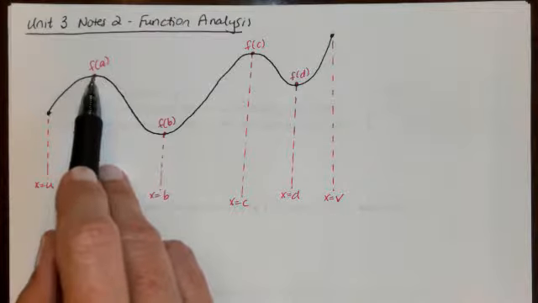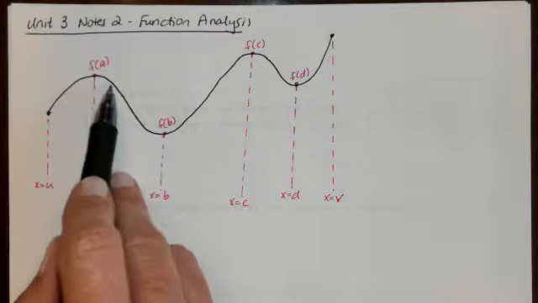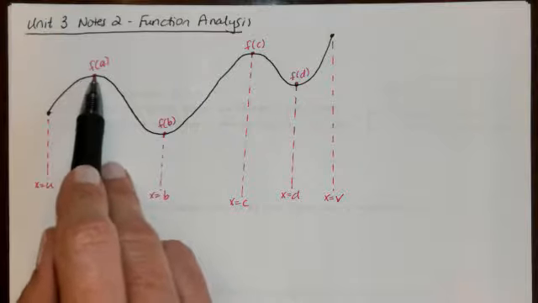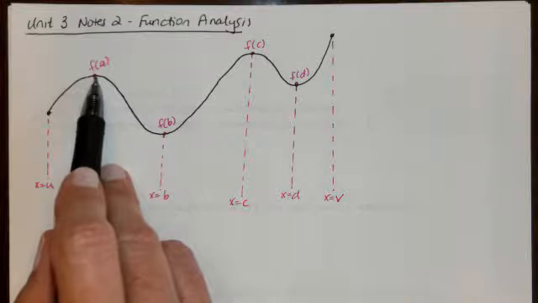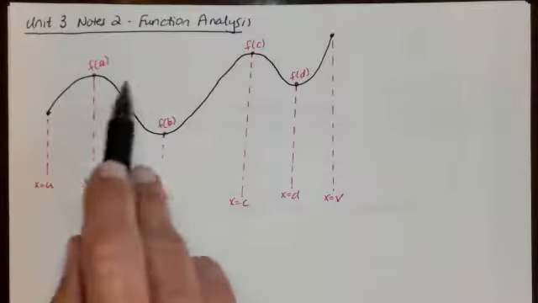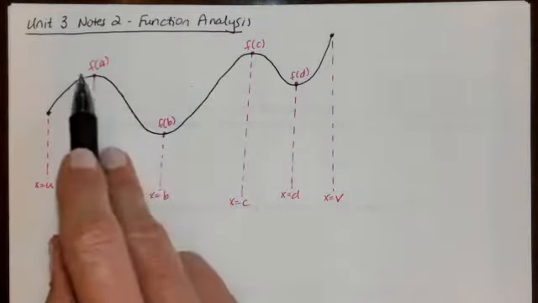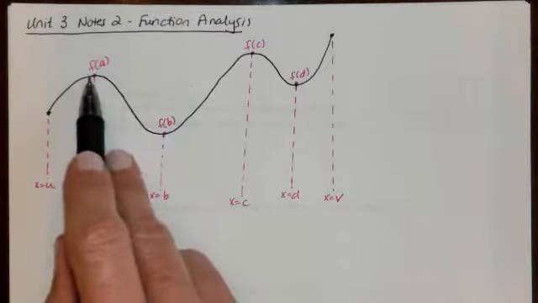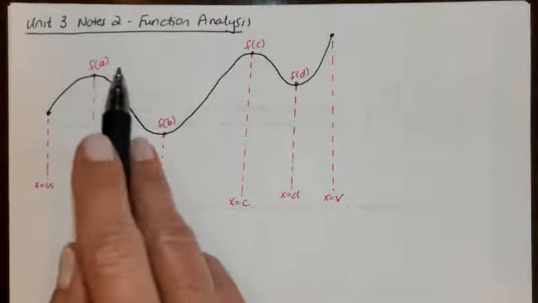So if there is some interval around this point where this y value is the largest, then it is a relative maximum. It's not the maximum of this entire function, is it? Because we have some other values that are higher than it, but there's some interval where it's the highest. So this is a relative maximum.